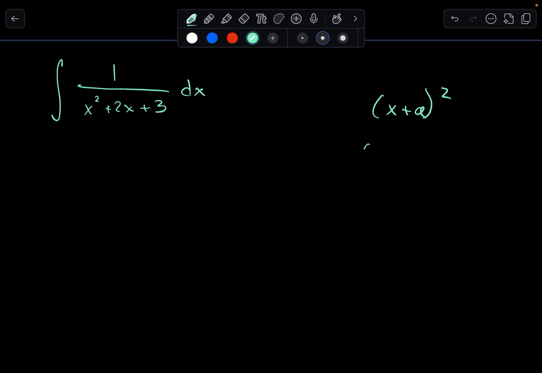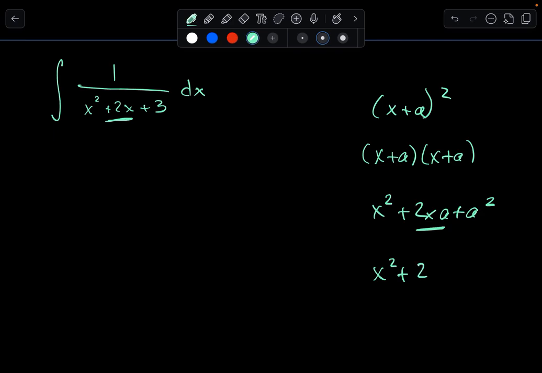If I were to multiply x plus a out times itself, using the FOIL method, I'll eventually get this, right? And the greatest discovery I can make from this is that I know that a is 1, but if a is 1, I'm good, right? Then I could factor it into x plus 1, but it doesn't quite work that way, right? The a here is a 3, right?